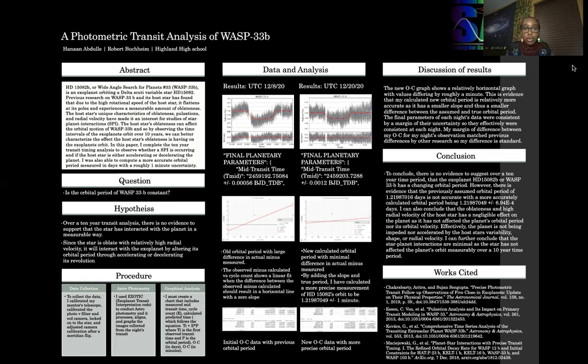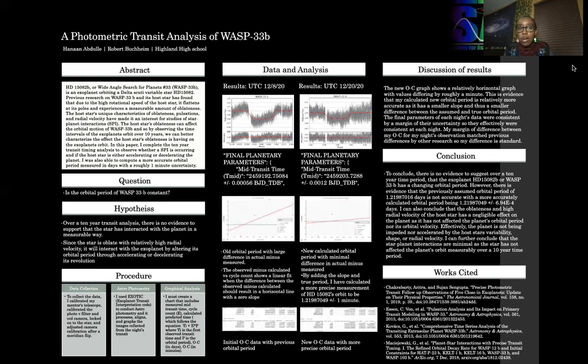And so through this study, I will determine whether or not the star is interacting with the exoplanet, and that would show up with the velocity of the exoplanet accelerating or decelerating by the star adding or removing mass from the planet.